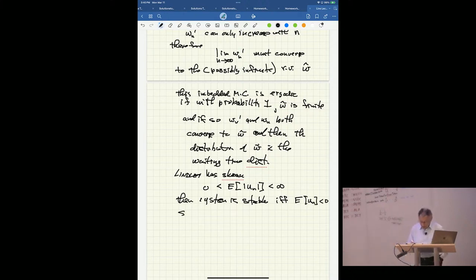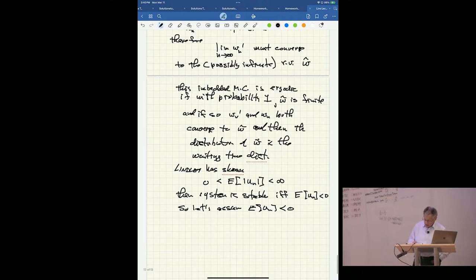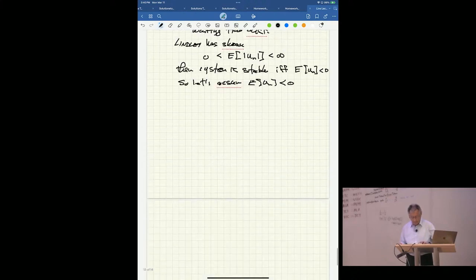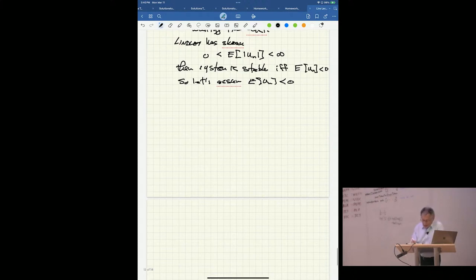So let's assume that's true, that we do not have an overloaded system. Let's assume the expected value of u sub n is less than 0. Average service time is less than the average inter-arrival time. And of course, if you want to write out what that is, the expected value of u sub n is the expected value of xn minus tn plus 1, its definition, which is the expected value of xn minus the expected value of tn plus 1.